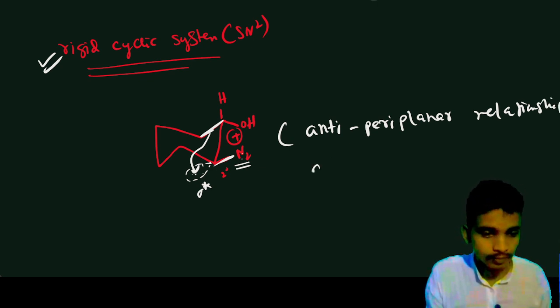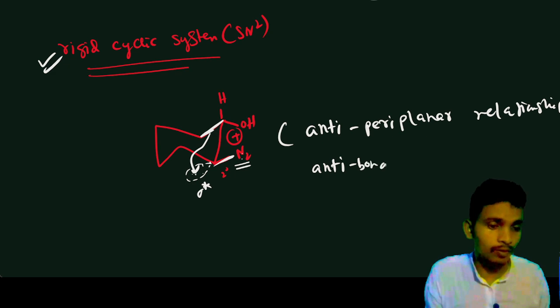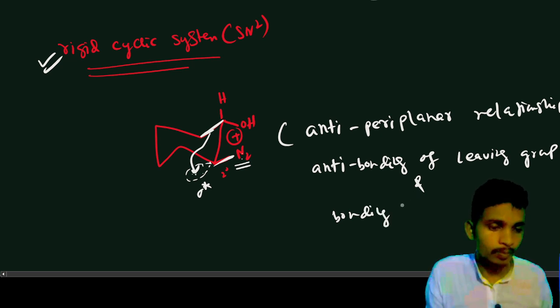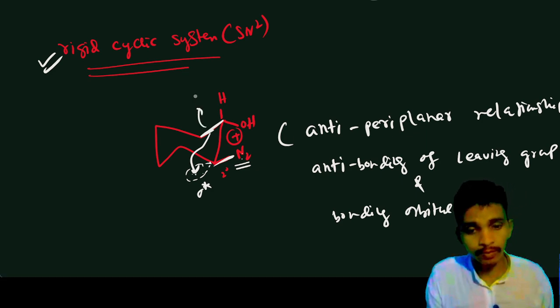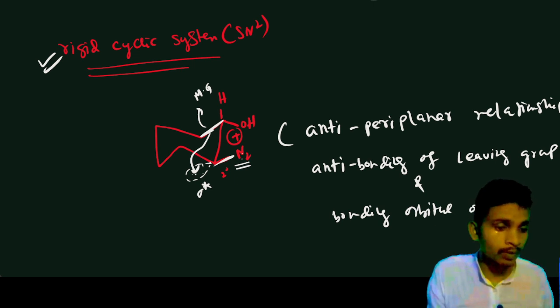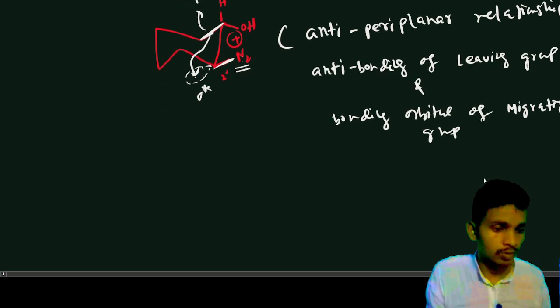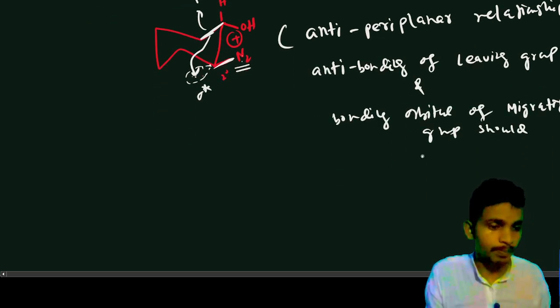It means the antibonding orbital of the leaving group and the bonding orbital of the migrating group, let's say the nucleophile or migratory group, because this is going to be a shift, means it is going to attack here, should be parallel to each other.